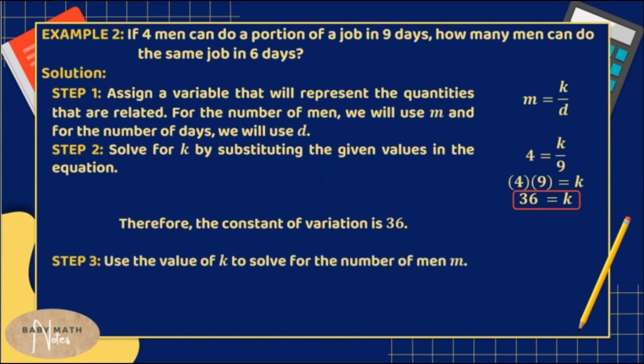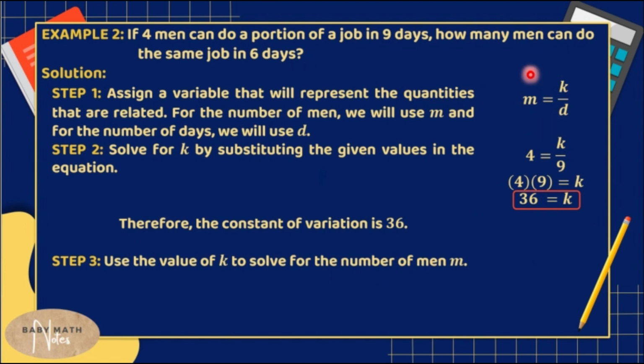Now, step number 3. Use the value of k to solve for the number of men. You are asked to find the number of men na magagawa o ilang tao ba yung kailangan para matapos yung isang trabaho sa loob ng 6 na araw. So, we are going to use the value of k na nakuha natin kanina.